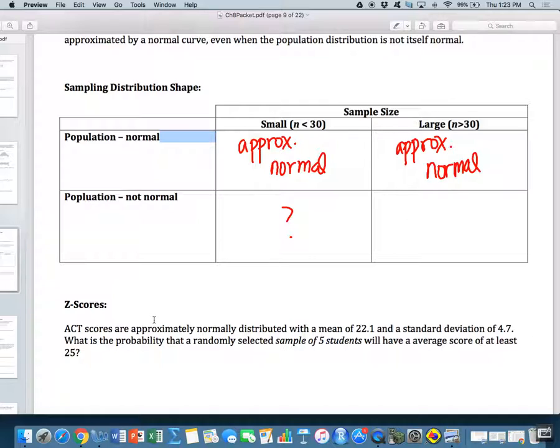If the population is not normal, but we take large samples, so samples bigger than 30, then the sampling distribution will be approximately normal. And that's what the central limit theorem says. So that one box applies to the central limit theorem. So basically what you're looking for in any problem I give you is: is the population normal, or did I take a sample size bigger than 30? Questions?